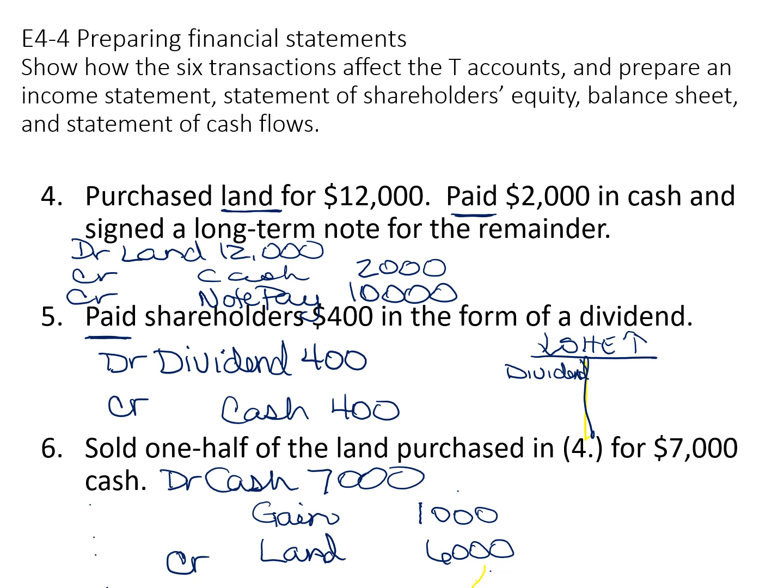So we've made these journal entries. Now let us post them to T accounts. So I want you to go back and look at what we've done, and hopefully by making these T accounts, you'll be able to follow along. So we need a T account for cash because we had cash transactions.